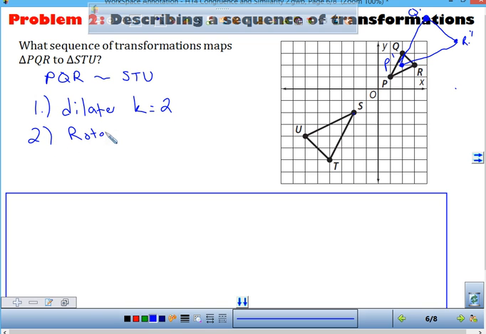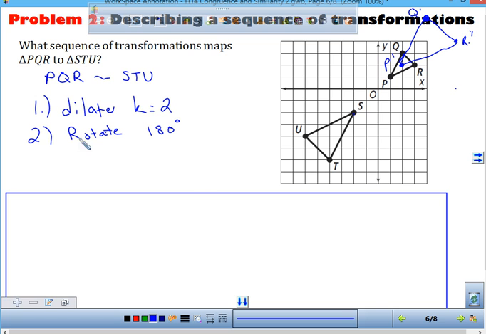So we're going to rotate 180 degrees. Yep, very good. If you reflect it over the X and then reflect it over the Y, that would be the same thing as rotating 180 degrees.